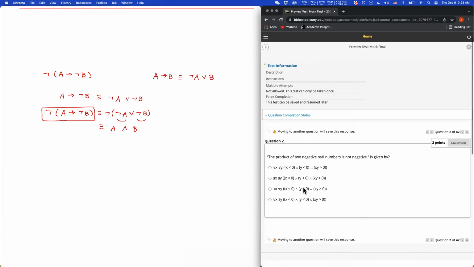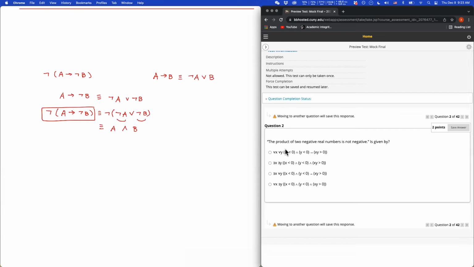Okay, now we will move on. The next question is asking, the product of two negative real numbers is not negative. Which of the following propositional logic statements is equivalent to this statement?